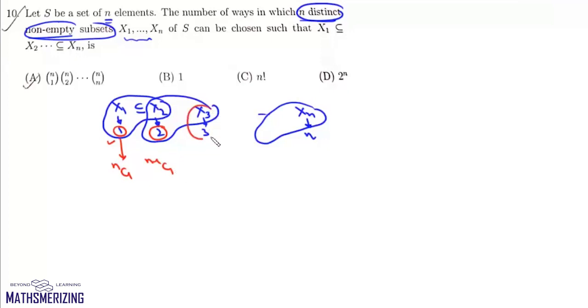For x3, we already have two elements. We just need to select one from the remaining, which is n minus 2 C1, and we continue up to 1C1. Now this is n into n minus 1 into n minus 2 up to 1, which is nothing but factorial n. So the total number of ways is factorial n, and that's your option C.